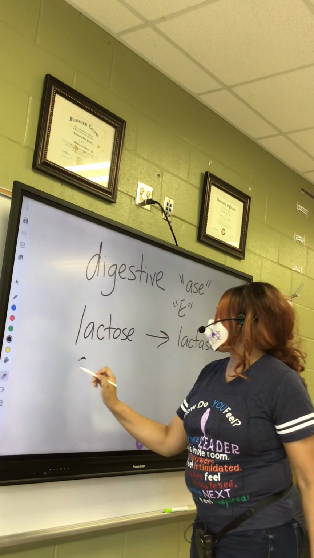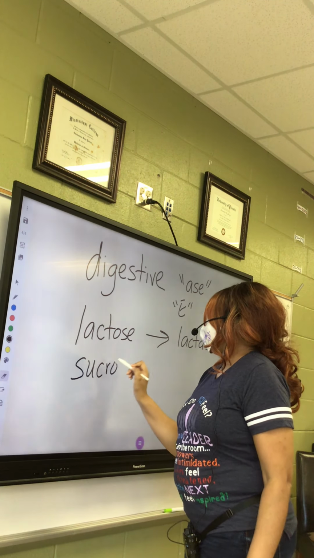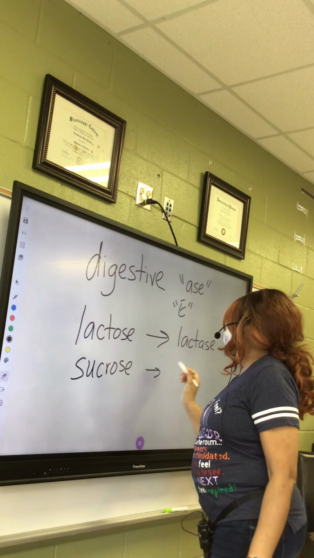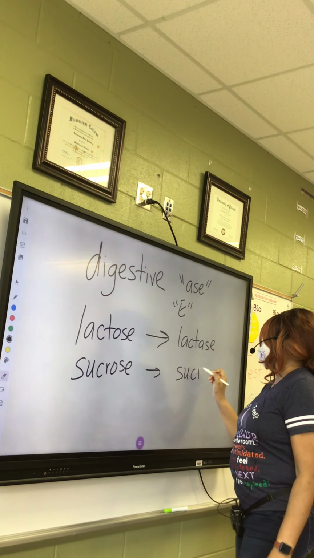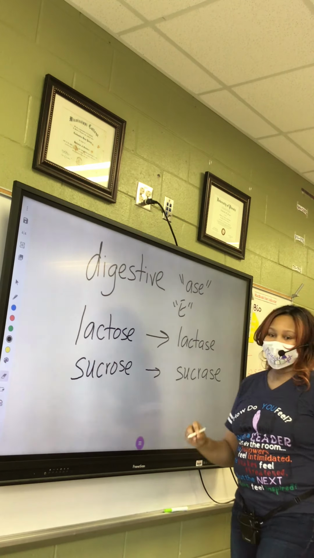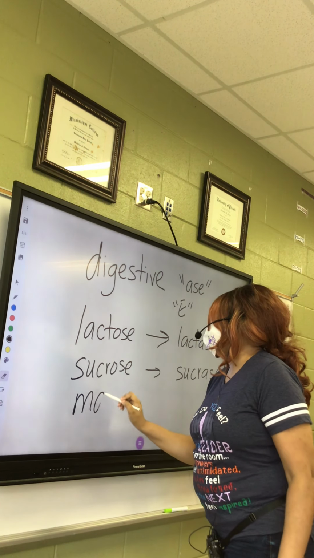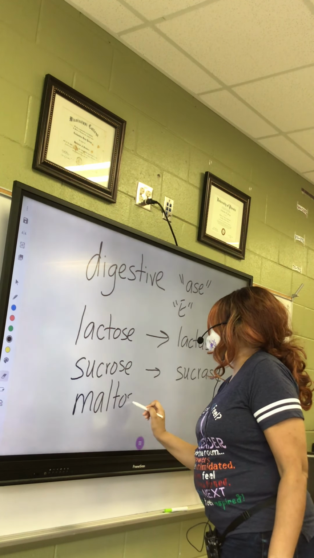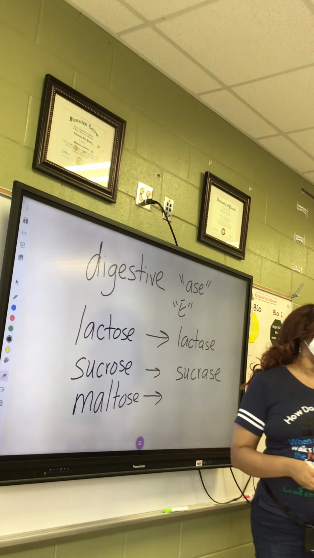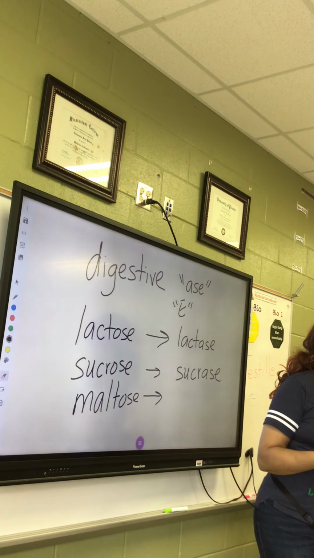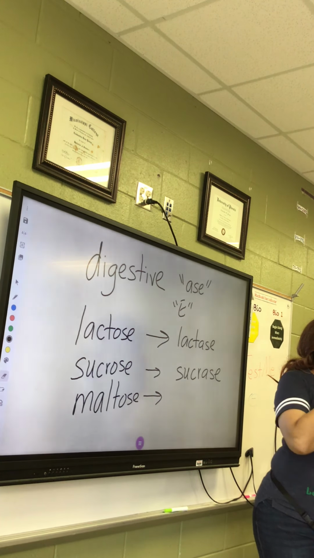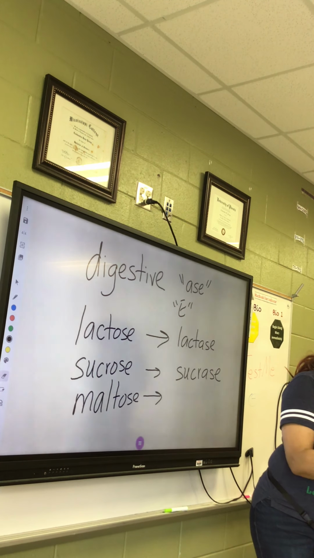If I have sucrose, which is table sugar, the enzyme is going to be sucrase. So what if I'm trying to break down malt sugar or maltose? What's the name of the enzyme? Maltase, okay? Sugars, most sugars end with ose.